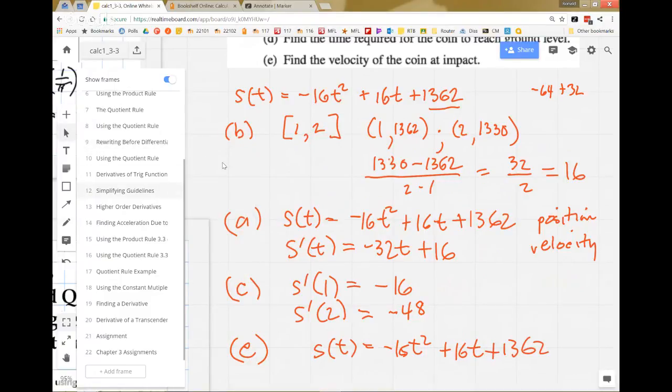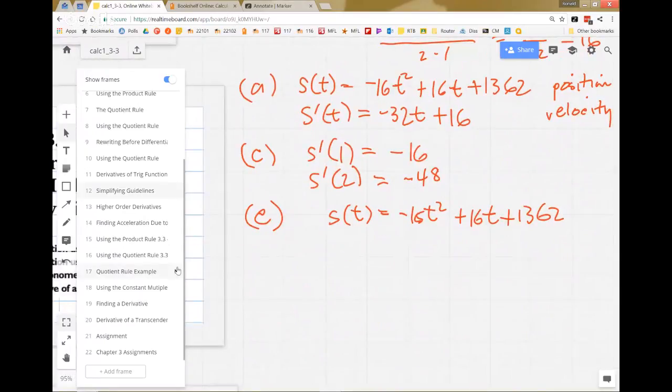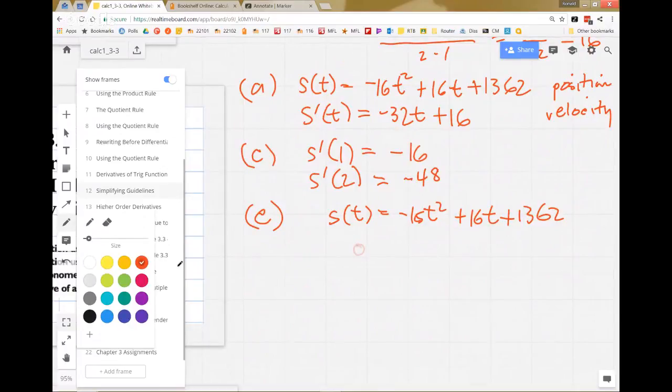Let me raise that up a little bit more. So when will that be? 0 equals negative 16t squared plus 16t plus 1362. Well, let's make it easy on ourselves. Let's solve by using the quadratic formula.